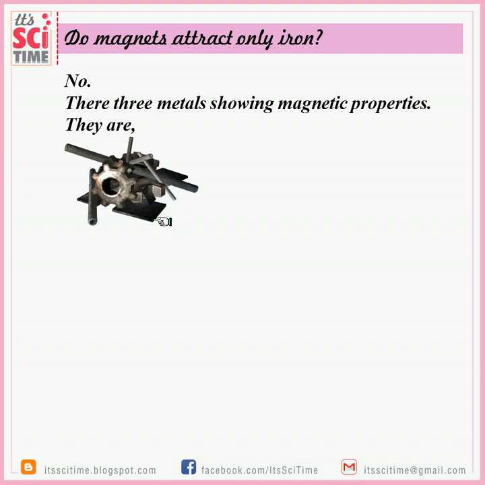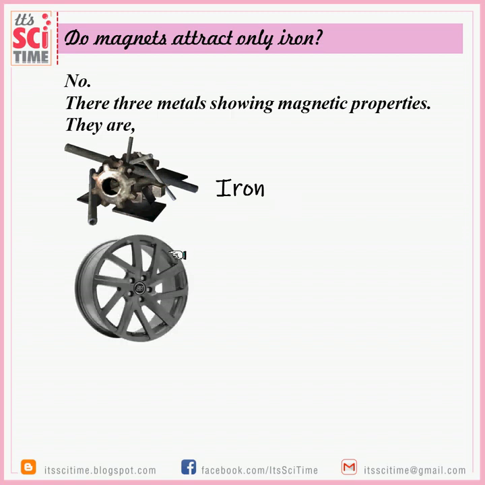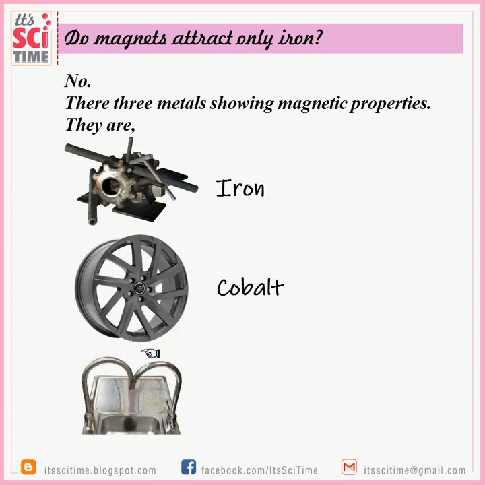One is iron, which we just discussed. Another is cobalt; this rim is coated with cobalt, and cobalt also attracts to magnets. Then nickel; this zinc is plated with nickel. Nickel shows magnetic properties. So three metals show magnetic properties: iron, cobalt and nickel. And non-metals never attract to magnets.